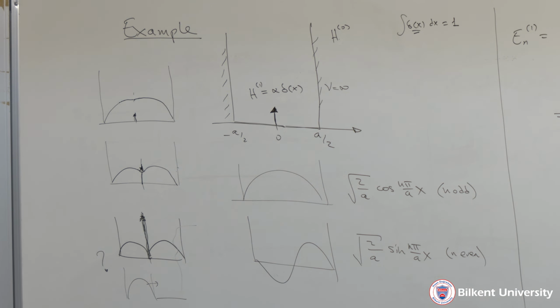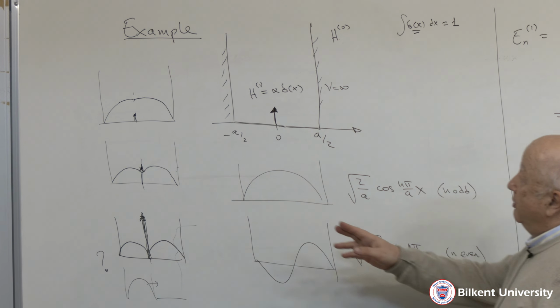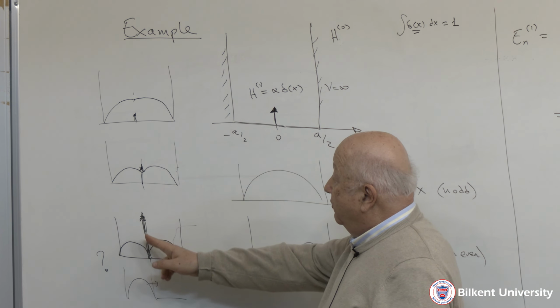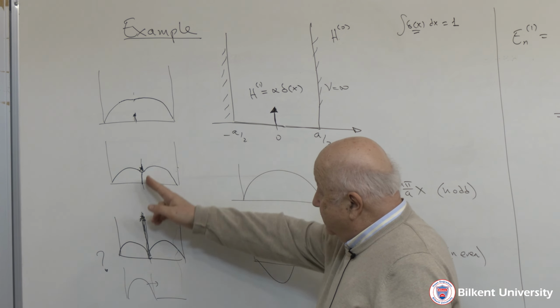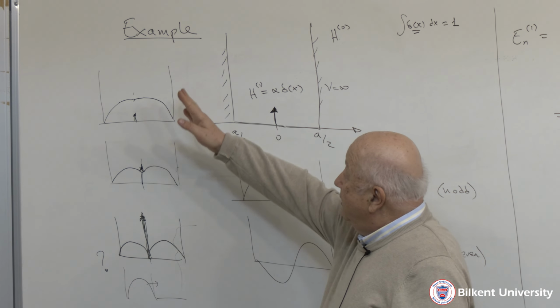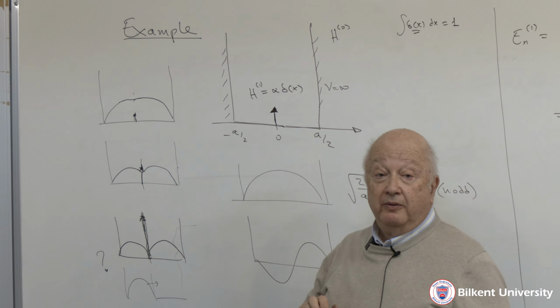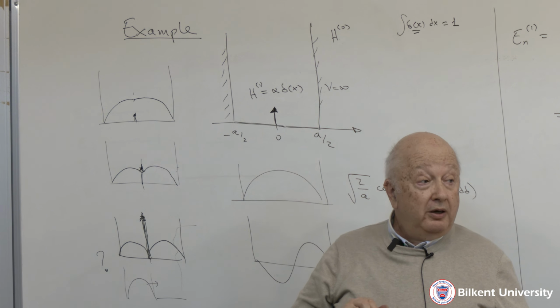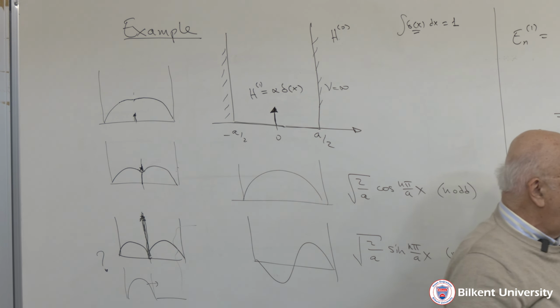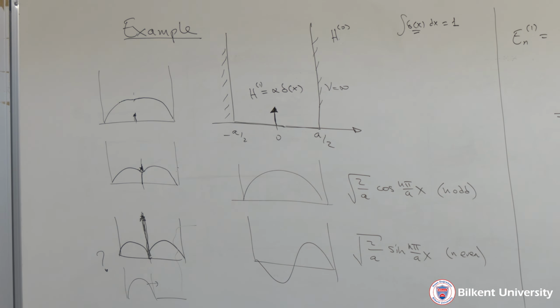Now, this means that the wave function, if I solve the problem exactly, is doing something like this, right? Now let's see how the wave function is changing in perturbation theory. So we'll look at this object again.